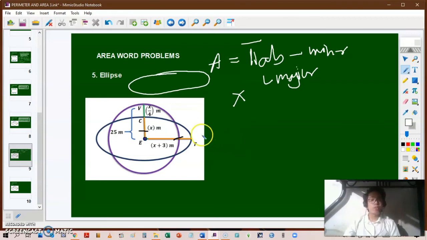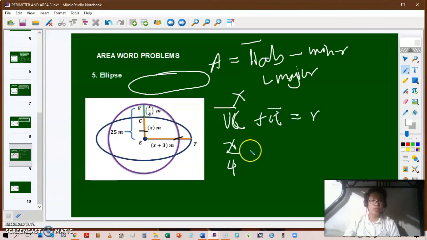The circle is composed of two parts. Line segment VC measures x over 4 meters, and line segment CE, which is equal to the radius, measures x meters. So we simply have to add x over 4 plus x to get the value of r, which is 25, and therefore we can get the value of x.